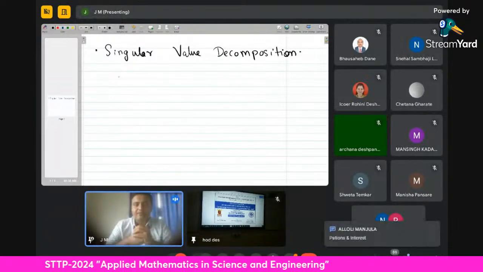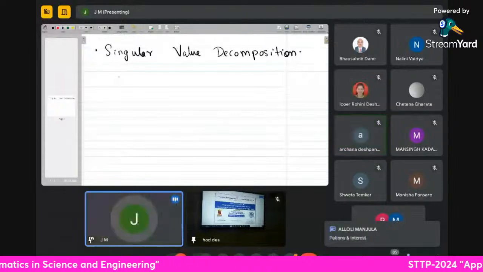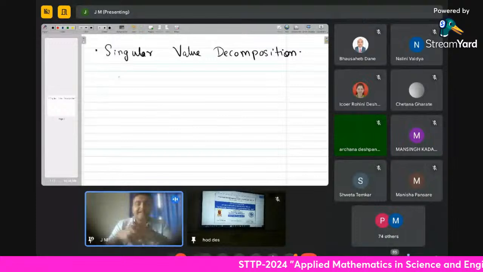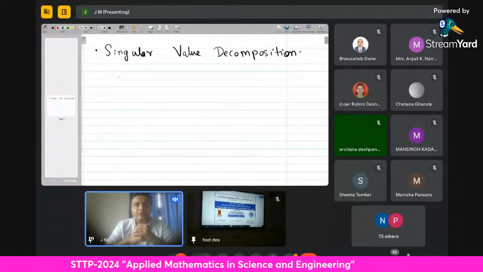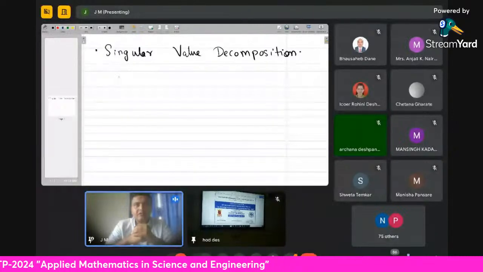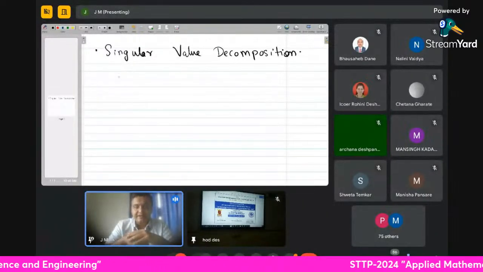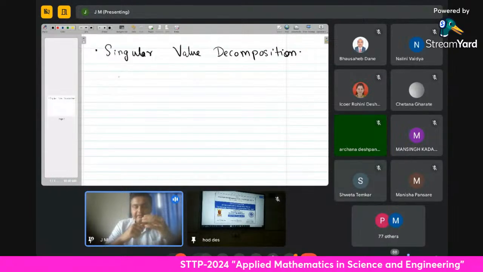SVD is one of the very important topics in today's world, in the last couple of years, by the time AI, ML and all these things started getting importance, SVD has also gained a lot of importance. Reason being, we are in the world of data, and we transfer data and signals, like sensing and data transfer.